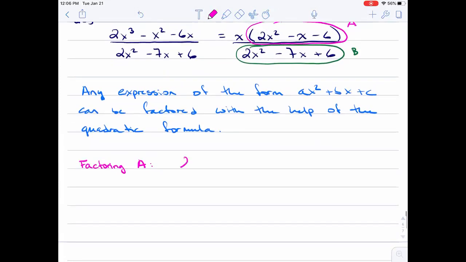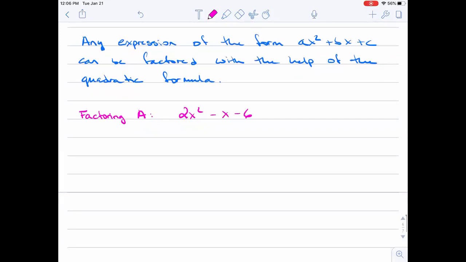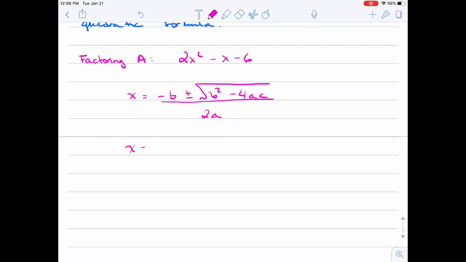So A is 2x squared minus x minus 6. If I have the quadratic equation, I've got x is going to be negative b plus minus the square root of b squared minus 4ac over 2a. So x is going to be negative negative 1. Definitely figure out what your a's and b's and c's are.